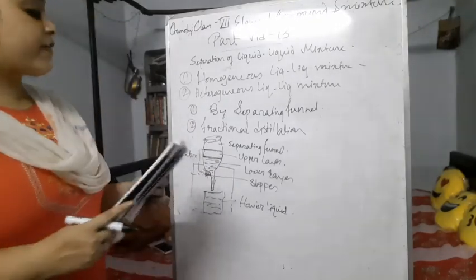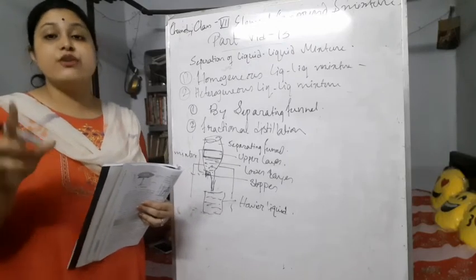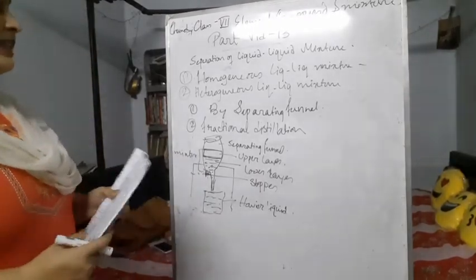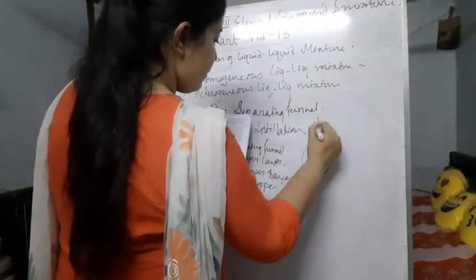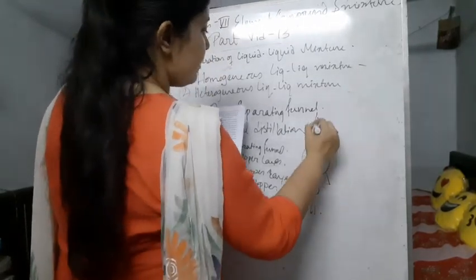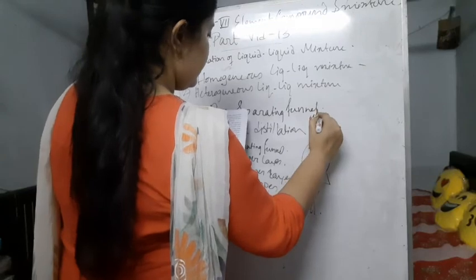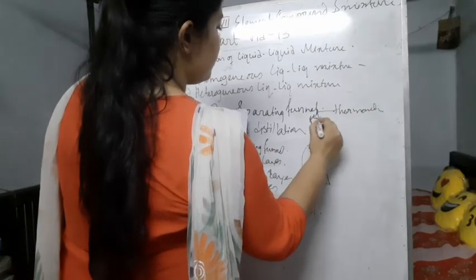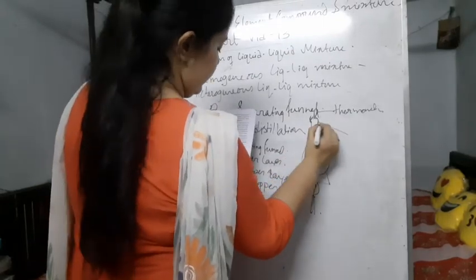The next is fractional distillation. Here two liquids are present and we separate one liquid out by this procedure. The vessel is here, and it is heated by this burner. One distillation setup is present here, and here a thermometer is present to maintain the temperature.